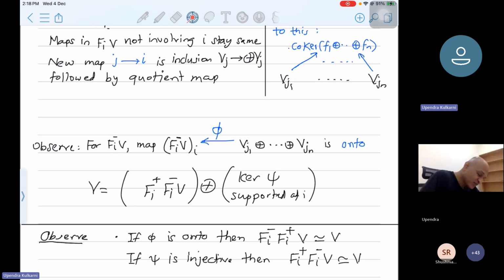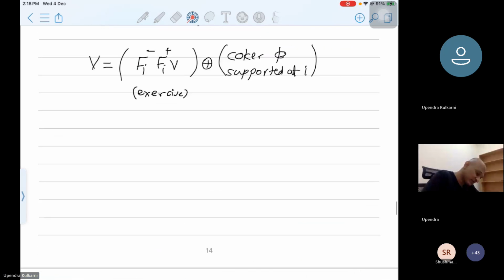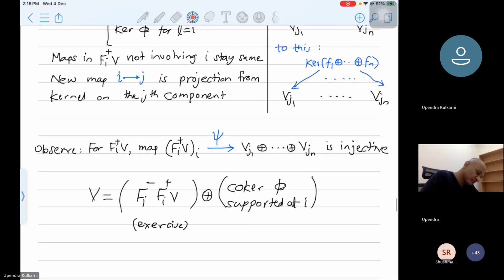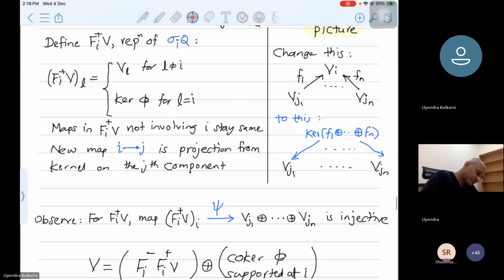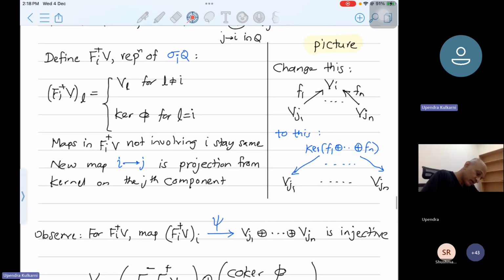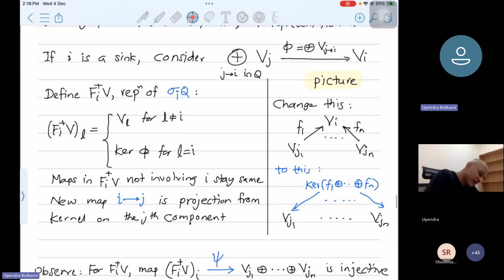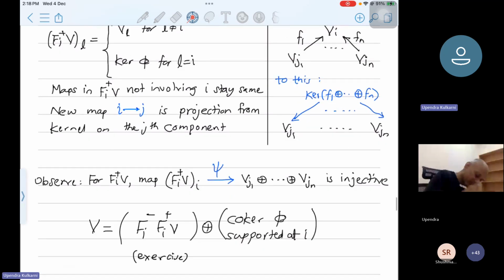If the map phi is onto, in the original situation, then if we apply this observation, it means that there is no co-kernel. The co-kernel is 0. The map is onto.